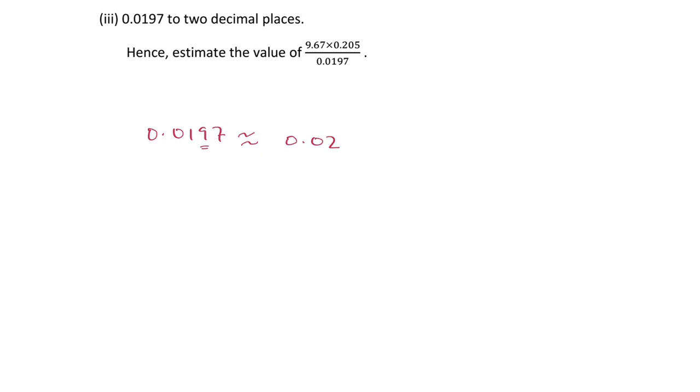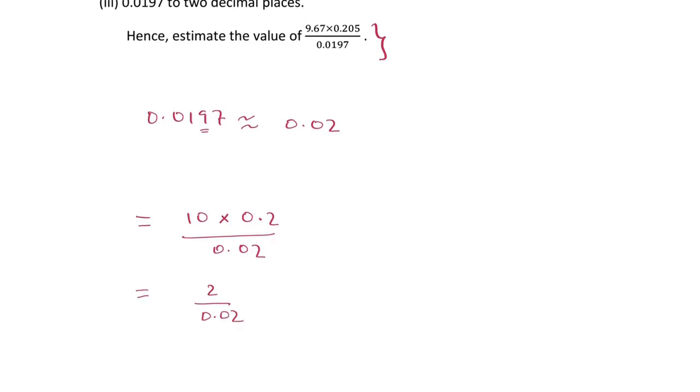Okay, so for now, to estimate the value of this expression, we are going to replace these values with the rounded figures. Then our expression is going to be 10 times 0.2 over 0.02, of which this becomes 2 over 0.02.